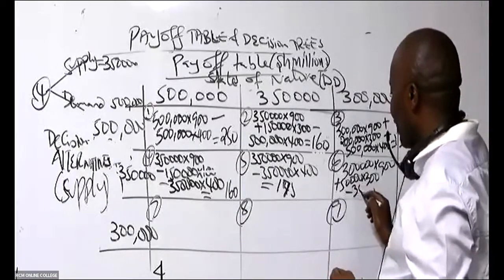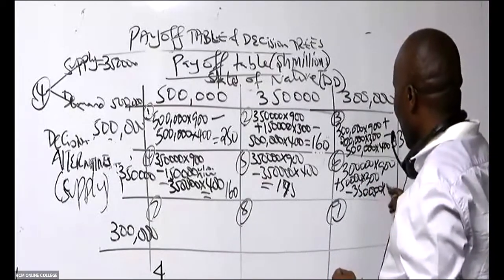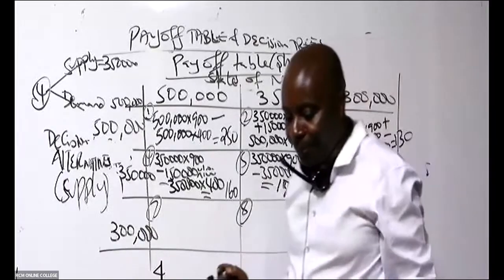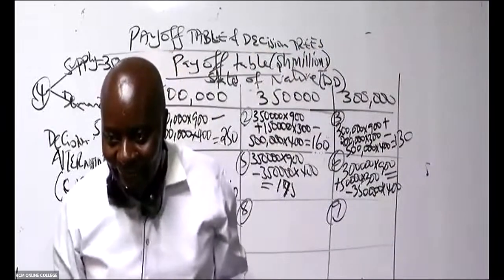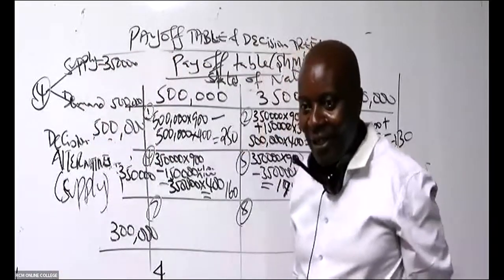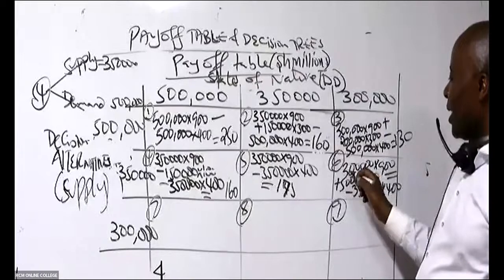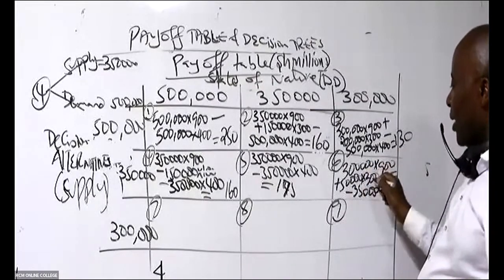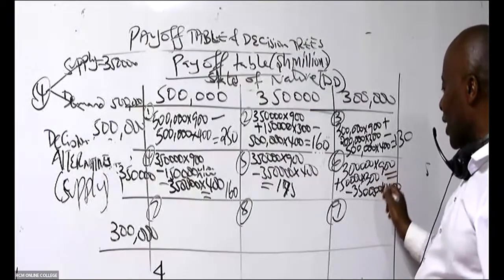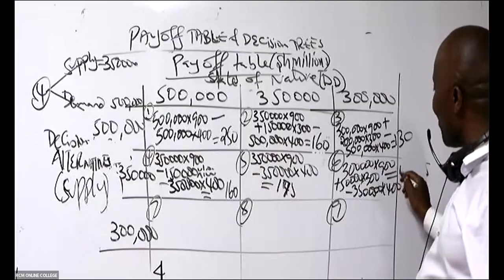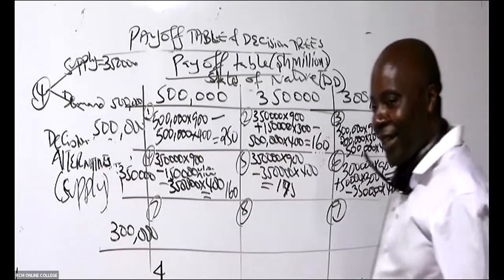So it will be 350,000 times 400, which will end up giving you what figure? 190. Wanasema ni 145. Angalia, maybe umesubtract hapa. 300,000 times 900 plus 50,000 times 300 minus 350,000. Wakisema wengi 145, hao ndio wako correct.